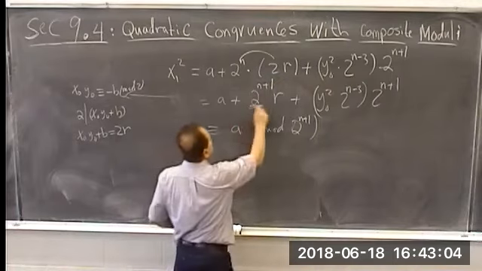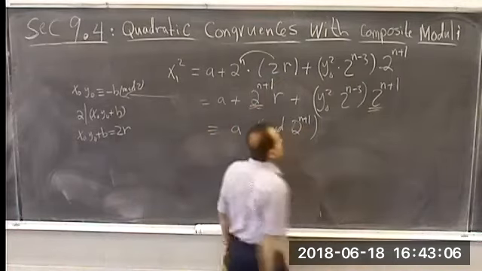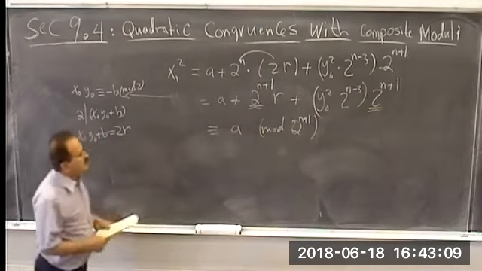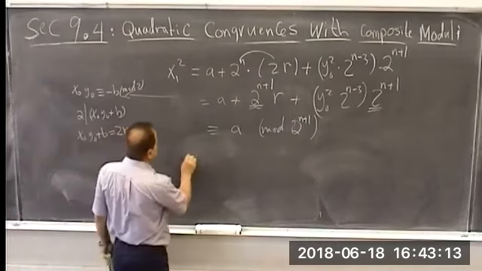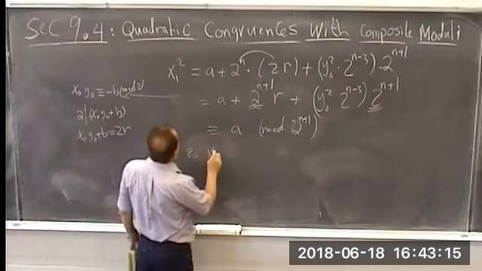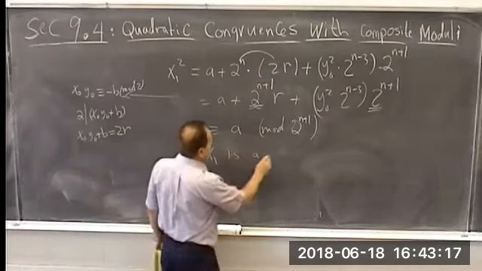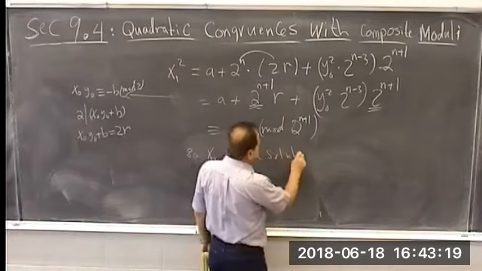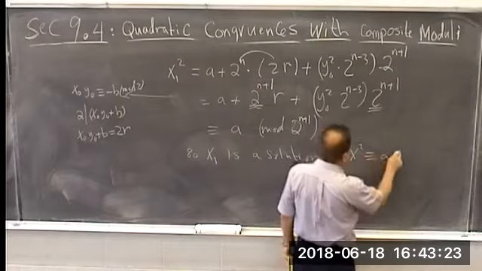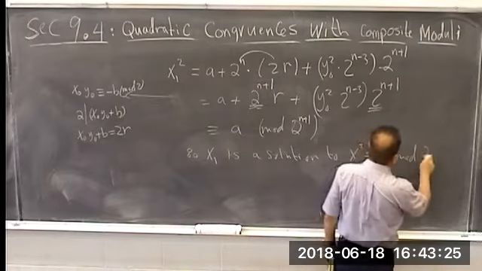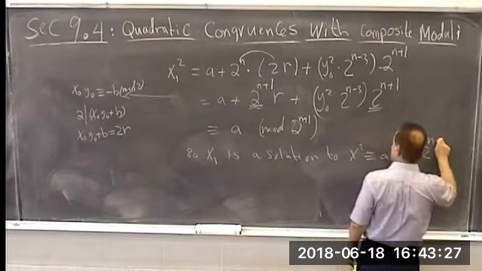So this is 2 to the n plus 1 times 2 to the n. So when we do mod 2 to the n plus 1, it becomes 0, and this is it. So therefore x1 is a solution to x squared congruent to a mod 2 to the n plus 1.